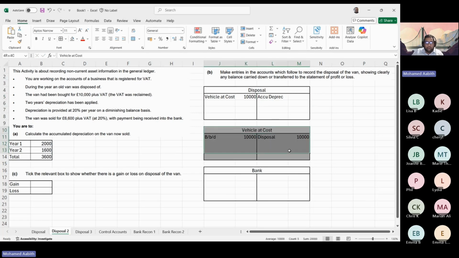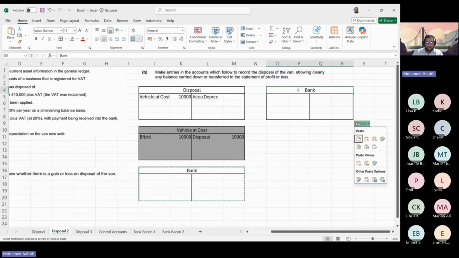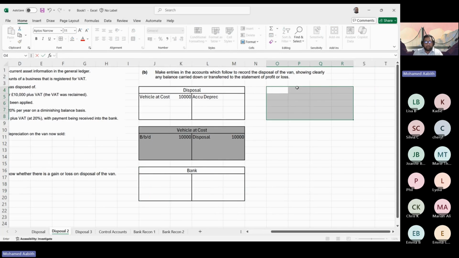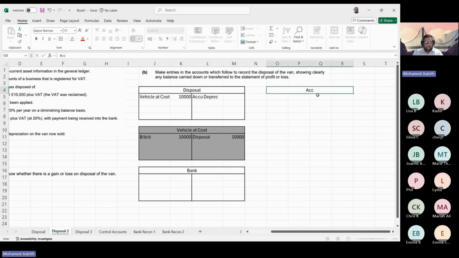So if it is going to be a T account, if I'm going to think about it, accumulated depreciation, I'm going to just put it here.